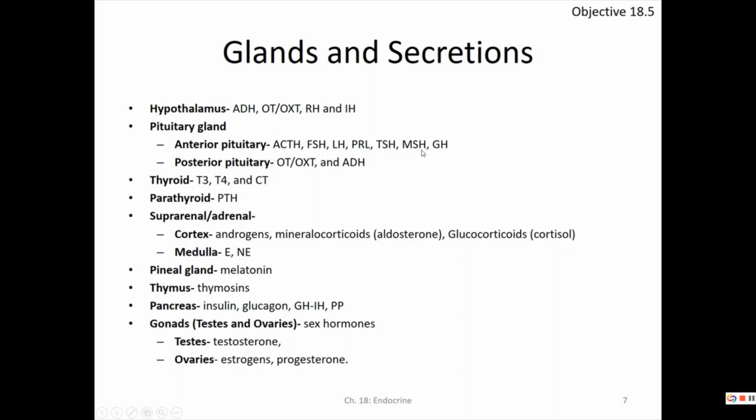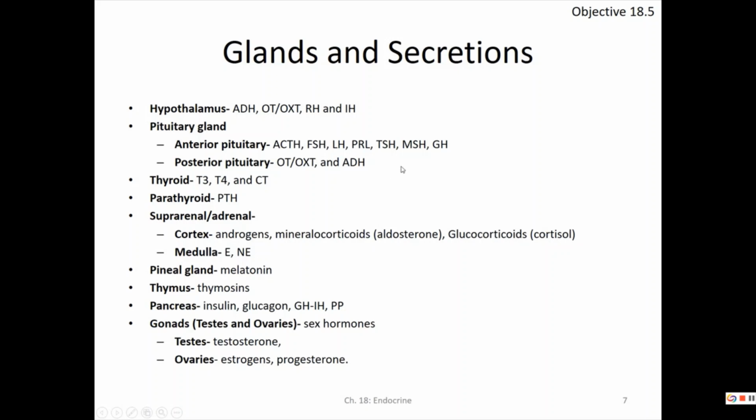What's M goat flap? M, MSH. G, GH. O, oxytocin. A, ADH. T, TSH. F, FSH. L, LH. A, ACTH. And P, PRL. M goat flap is all pituitary hormones.